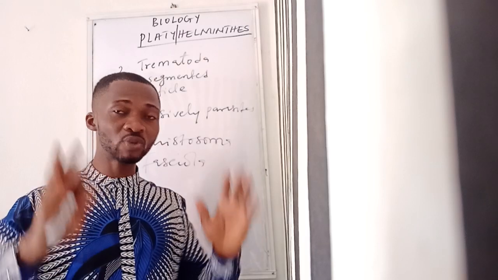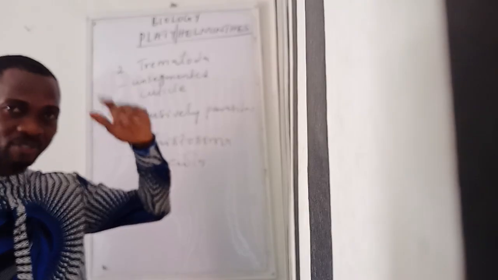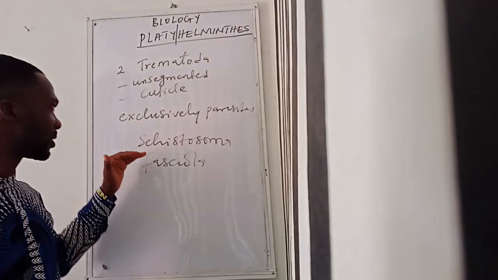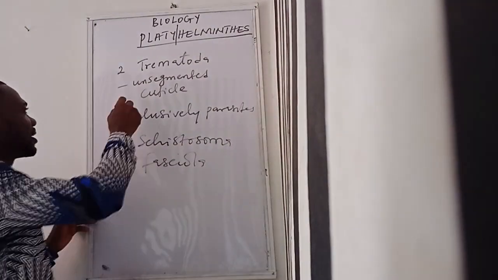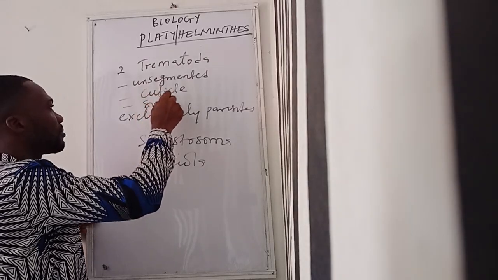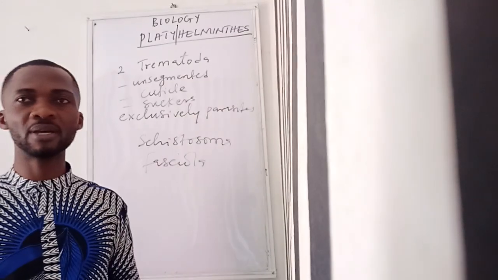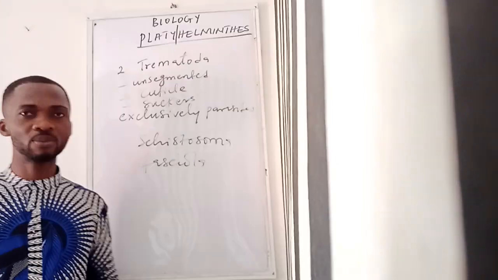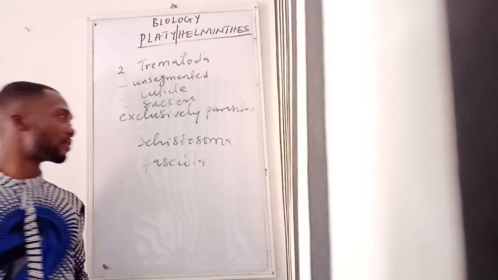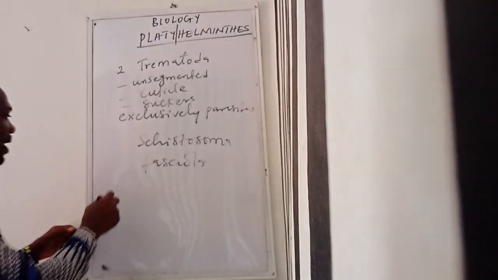Clonorchis sinensis. When you are studying parasitology, you can begin to mention these, but since we are studying biology, these two are enough. The Schistosoma. And let me bring back what I mentioned before. Another characteristic is that members are also equipped with suckers. So that will lead us to the last class, which is Cestoda.